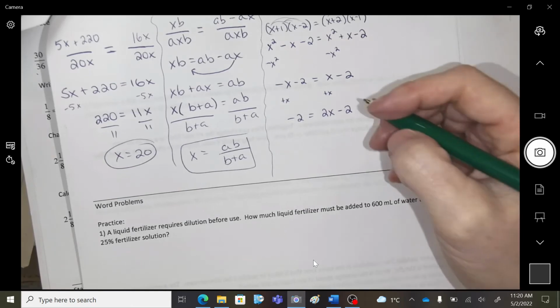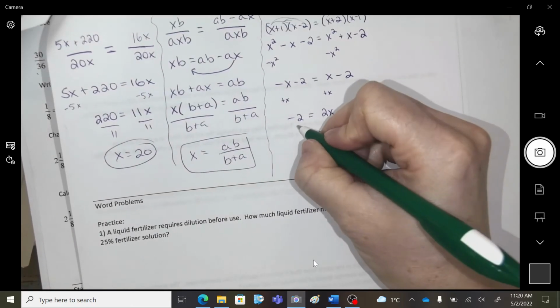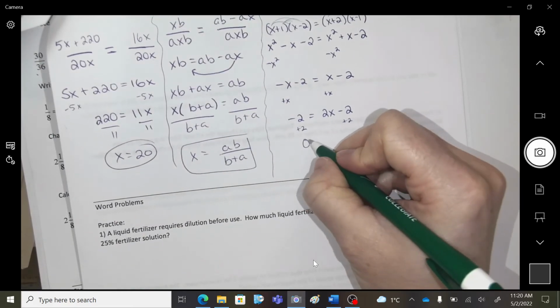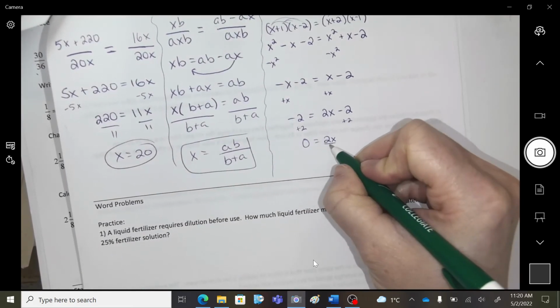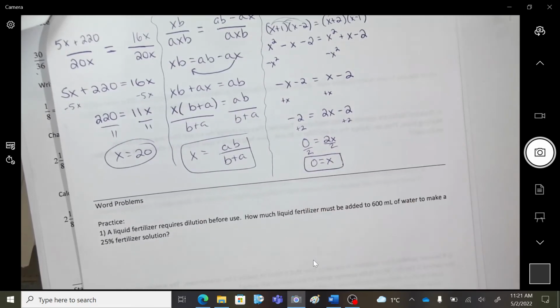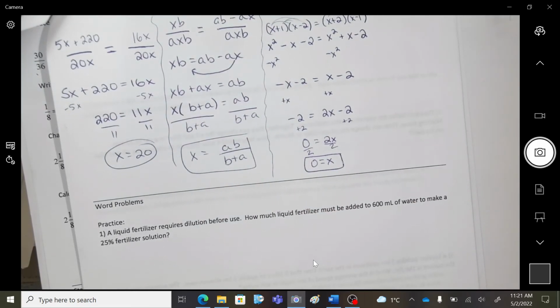Okay, now I'm going to add 2 to both sides. I got x to be 0.